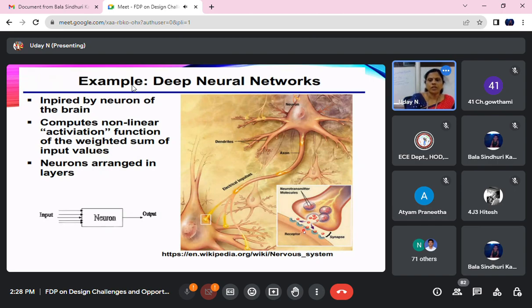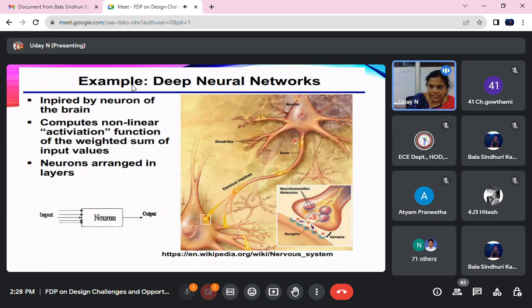Now we'll speak as an engineer. I see this neuron as completely a black box. The inputs for this neuron are coming from dendrites. The processing is done by the cell center, or soma, of the neuron, and the output is coming from the axon and is given to the synapse of the next neuron. So this is how we see the black box.